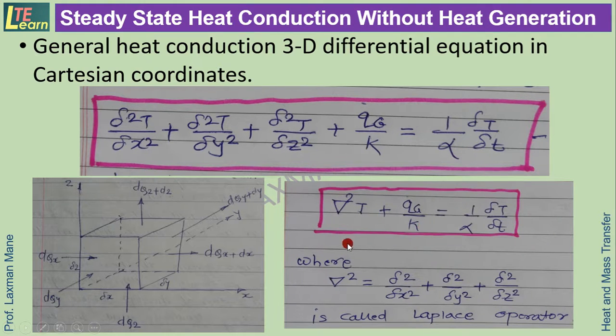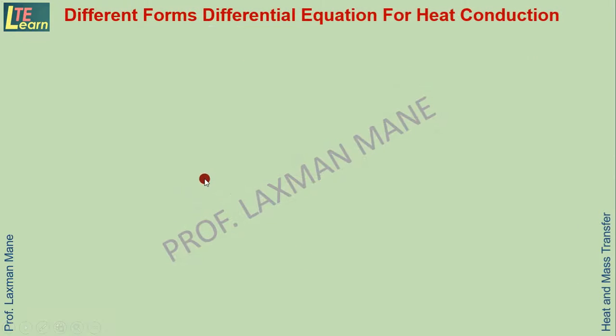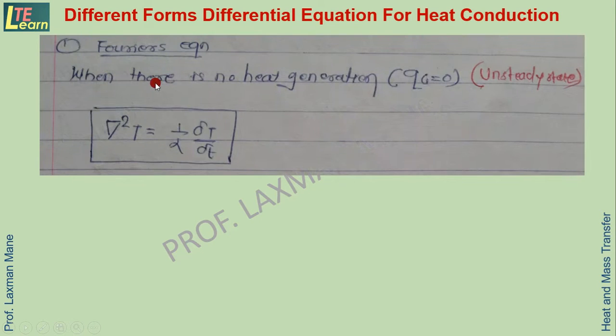Now if we write this equation in this way, then here del square is called the Laplace operator. We have also seen different forms of the differential equation for heat conduction. When there is no heat generation, means Qg is equal to 0, and unsteady state, the equation is called the Fourier equation.